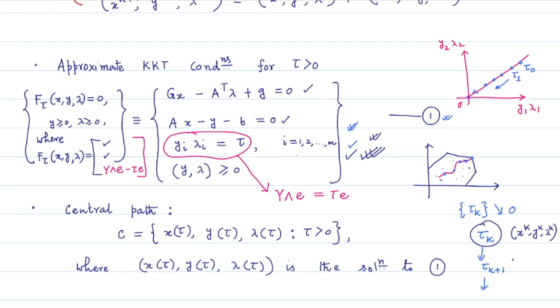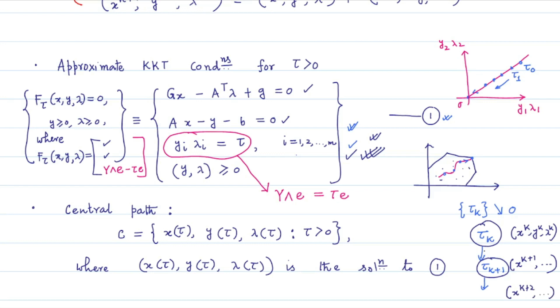Then after obtaining the next iterative point, you consider a revised value of tau, a lesser value than tau k, then go for finding the next iterative point xk plus 2 and so on.